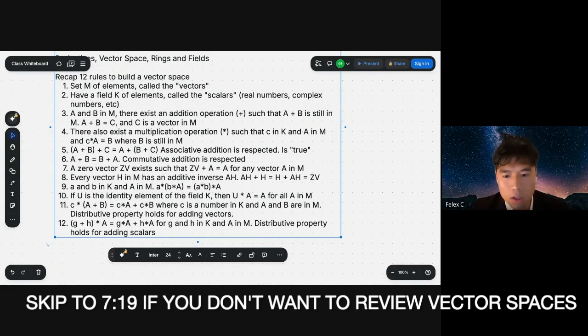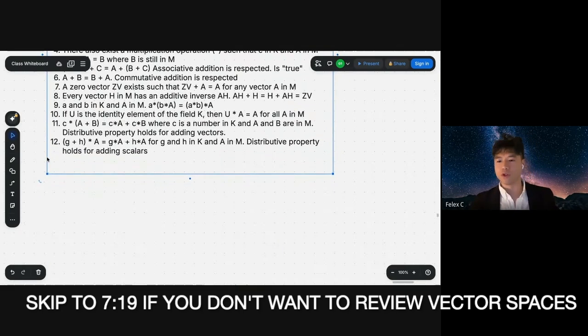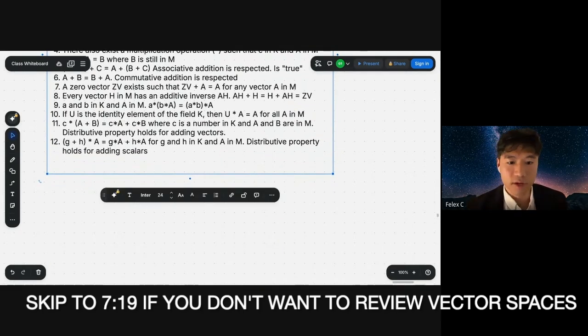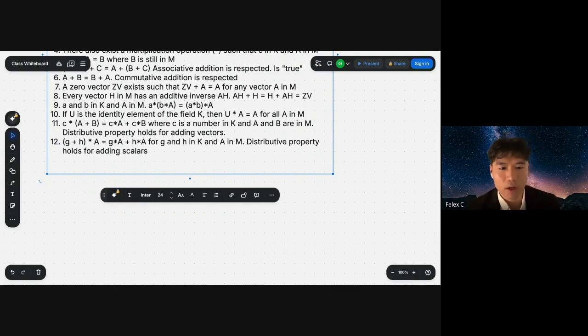I probably should have said that you could have skipped all that if you were familiar with vector spaces already.